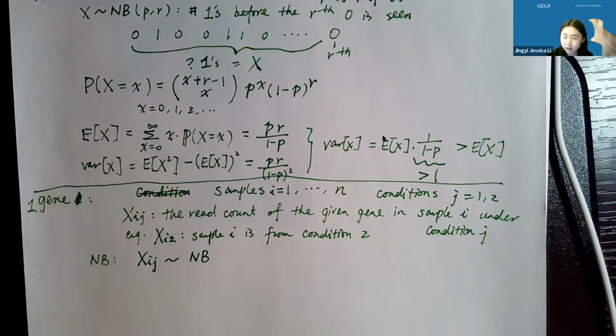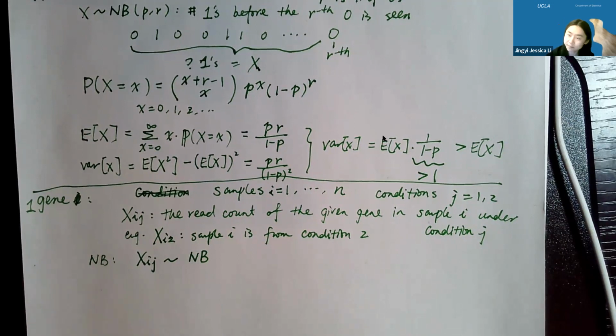That kind of within-condition randomness, let's say the samples in condition 1, why do I have different numbers for this gene? It's going to be explained by the negative binomial. This randomness could come from biological diversity or from experimental measurement errors. They all add up together to the counts we observe.